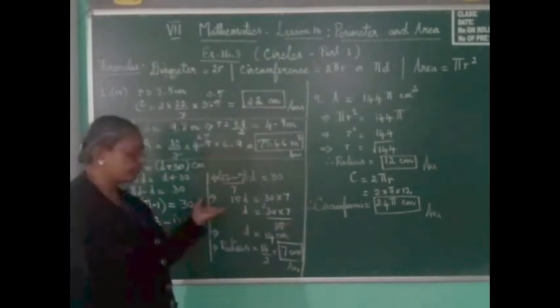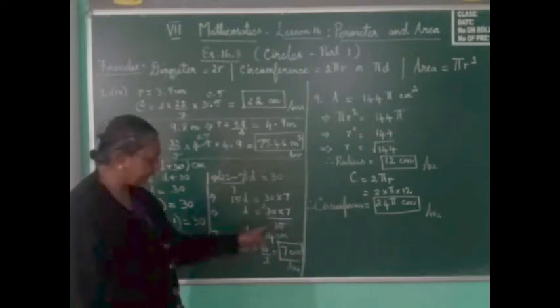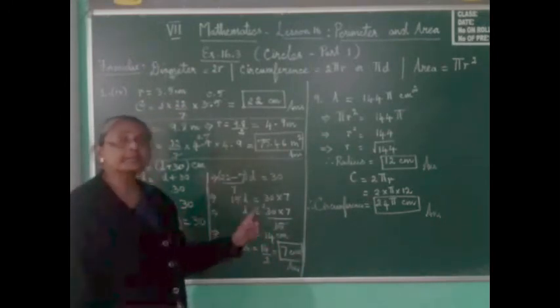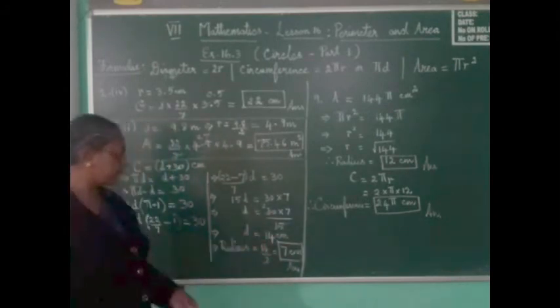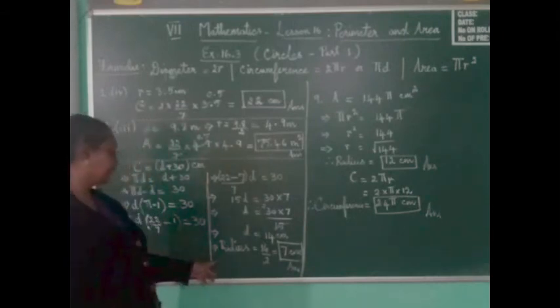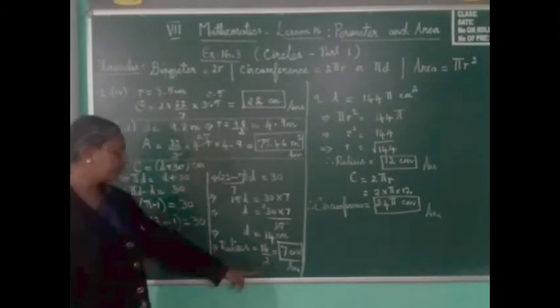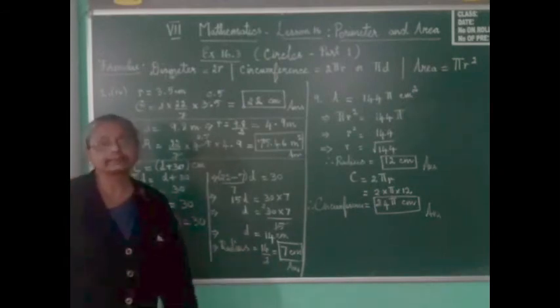And next step, we can bring 15 to the other side. So 15 and 30 we can cut. It goes 2 times. 2 into 7 is 14. Now we are required to find the radius. So radius is equal to 14 by 2, which is 7 centimeters.